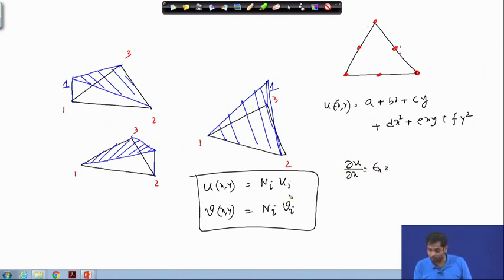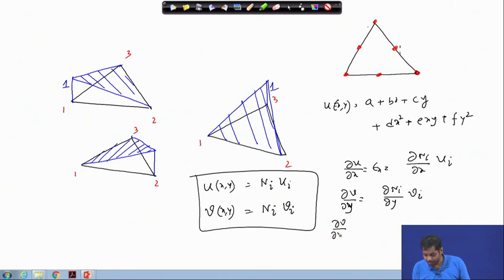So epsilon x can be obtained as del N I del x times u I. Similarly, del v del y can be obtained as del N I del y times v I, and then the shear strain, del v del x plus del u del y, can be obtained as del N I del y, del N I del x times v I plus del N I del y times u I, and so on.